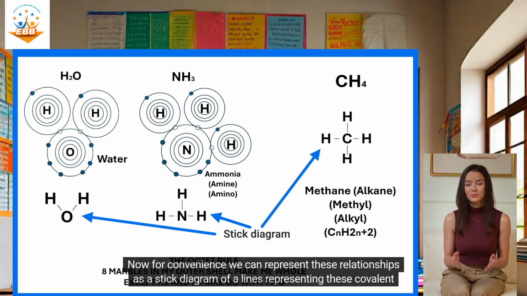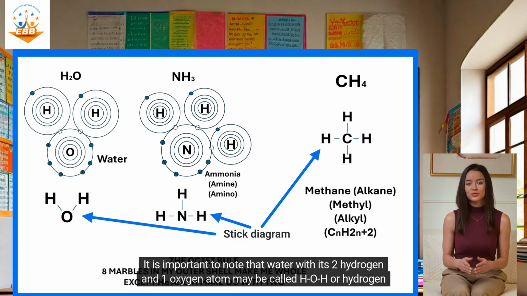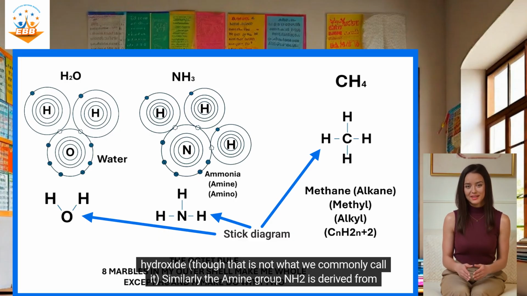Now, for convenience, we can represent these relationships as a stick diagram of lines representing these covalent bonds between alphabet letters representing the names of these atoms. It is important to note that water with its 2 hydrogen and 1 oxygen atom may be called HOH, or hydrogen hydroxide, though that is not what we commonly call it.